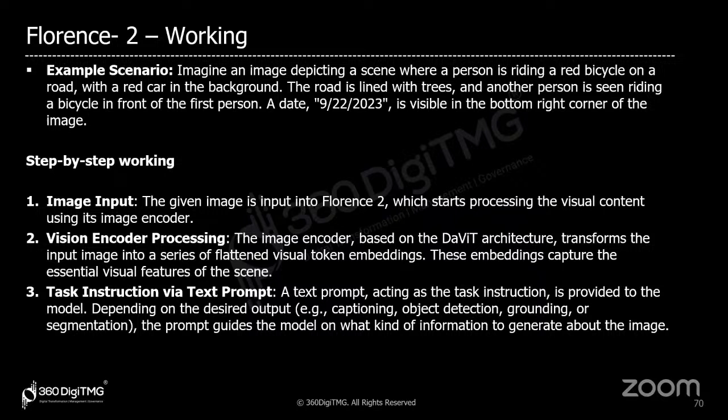After that, there is the third step, that is task instructions or text prompting. This text prompt, acting as text task instructions, is provided to the model. This is what we want as a text input. Depending upon the desired output, it will generate. The prompt guides the model on what information we want.